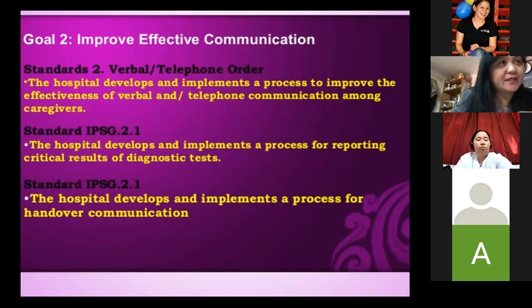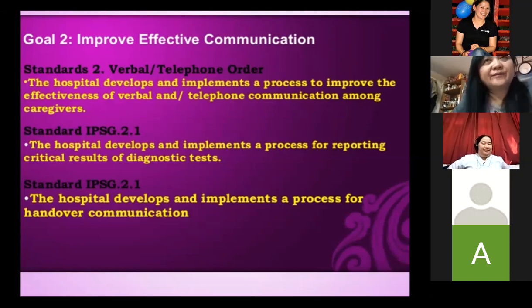For example, you give medication and the other shift also gives medication, so it becomes an overdose already. Or doing, for example, blood pressure, and you make it in advance already, it's not nice. So it's better to do the handover with your colleague. You have to wait for them for better communication for your patient.